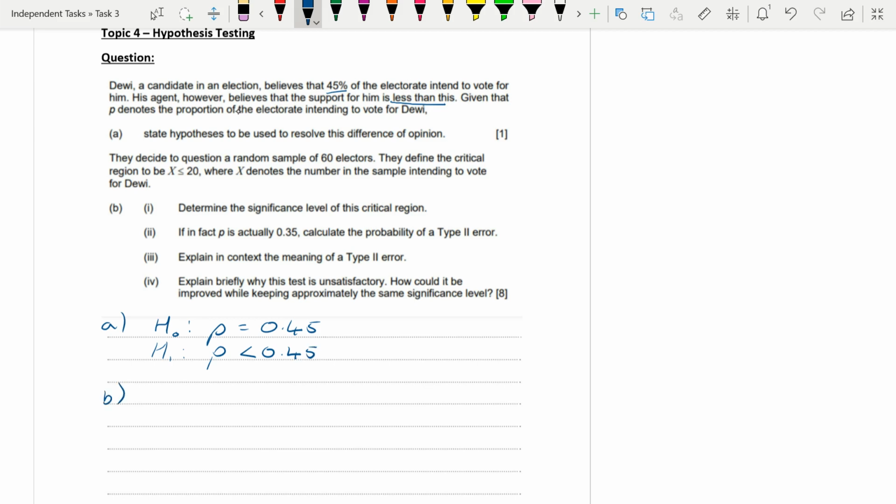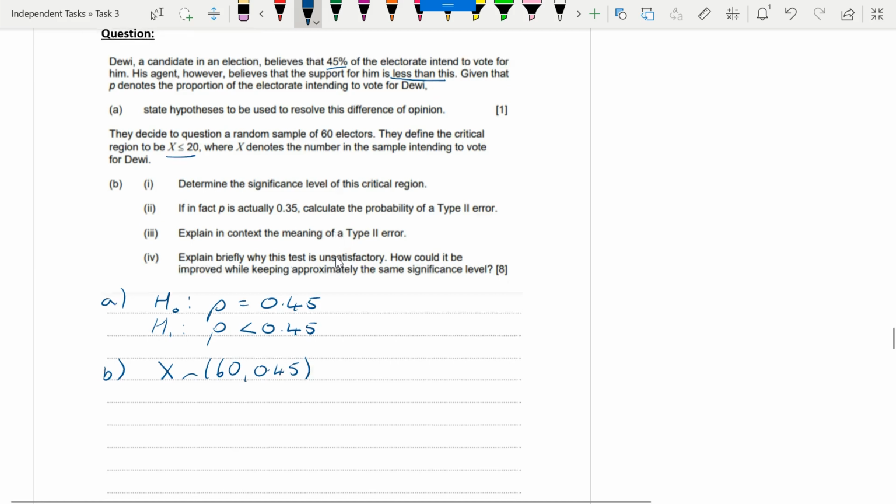Now, they decide to question a random sample of 60 electors. They define the critical region as X being less than or equal to 20. So a critical region, remember, is the point at which I reject H0. So currently X would be binomial with 60 and 0.45. They've already defined it for me, so I don't need to define it.